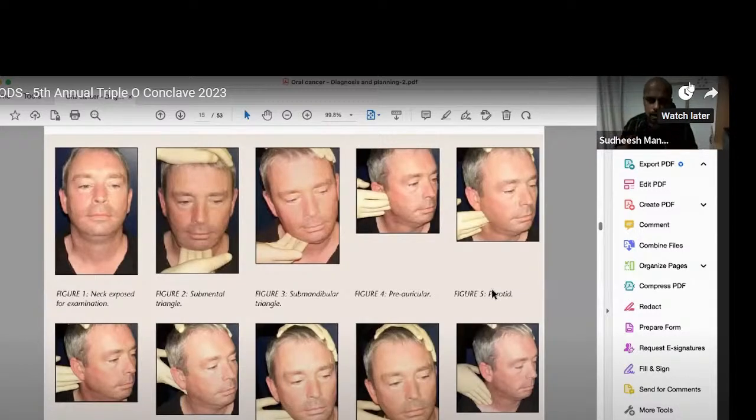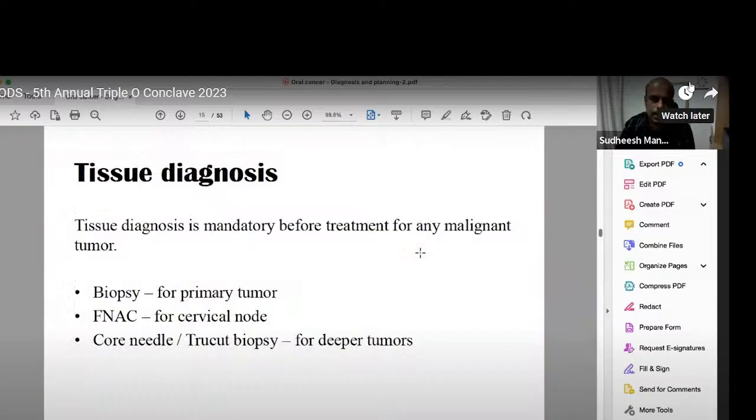Levels 1A and 1B are examined standing in front of the patient, and levels 2, 3, 4, and 5 are examined standing behind the patient like this, examining along the sternocleidomastoid. That is how you examine levels 2, 3, 4, and 5. I'm not going into the depth of examination of the neck.